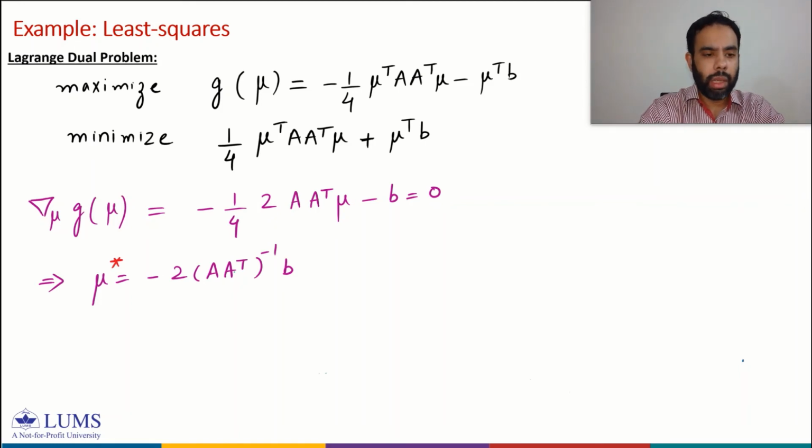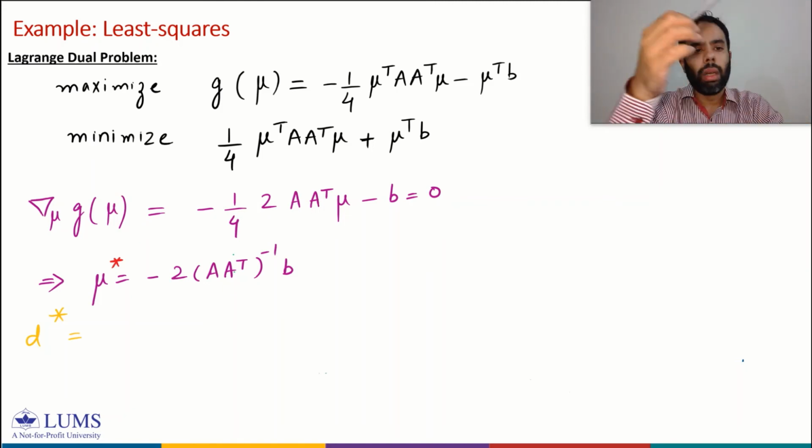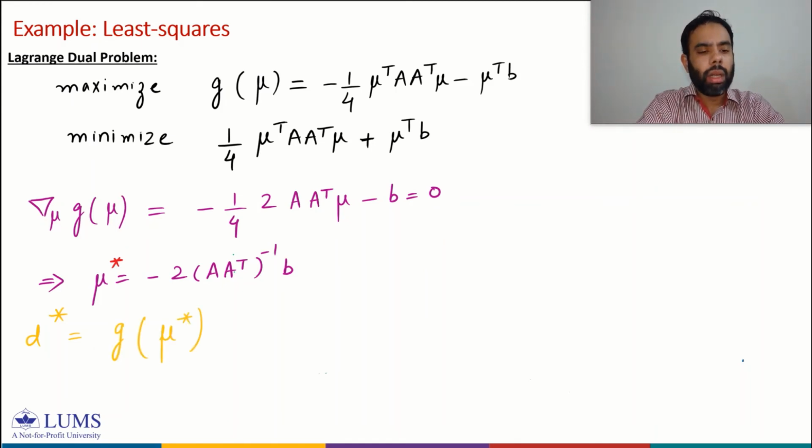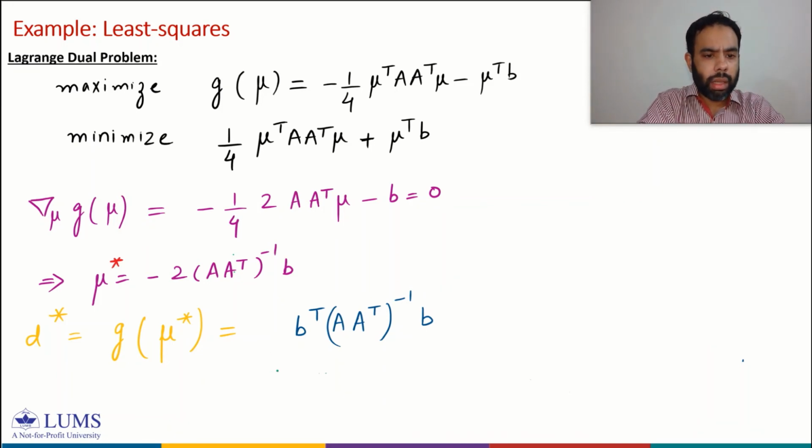When you substitute this optimal mu in the Lagrange dual function, what we get is d star, the best lower bound on p star. So d star is equal to g at mu star, and that is given by b transpose (A A transpose) inverse b. And so this is our d star.